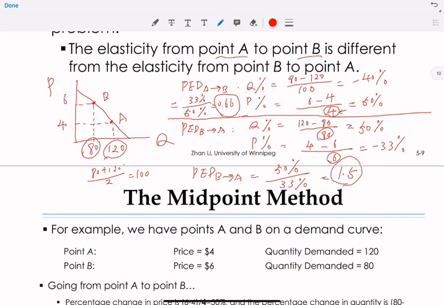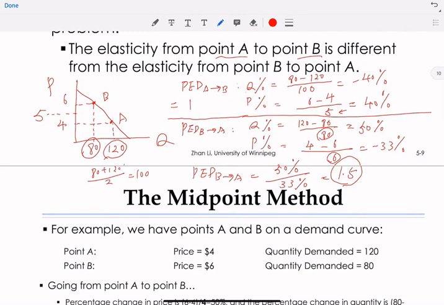Because the middle point between 6 and 4 is 5. Now we would use 5 in the denominator. So this gives us 40%. Yes, this gives us 40%. So if we are using the middle point method, we can see that the PED from A to B is 1.